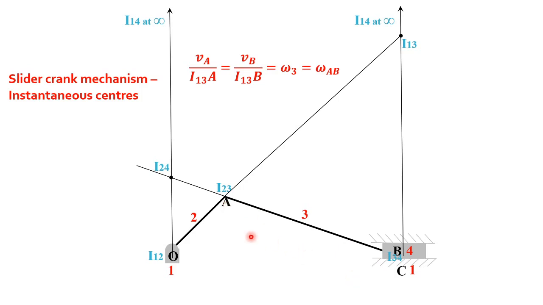VB is absolute velocity. Okay, that's all. Then the problems you have to do: you already did problems with the relative velocity method. So do the same problems using the instantaneous center method, and check the answer against that.